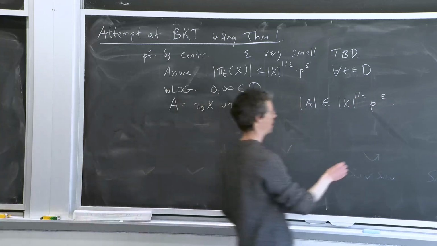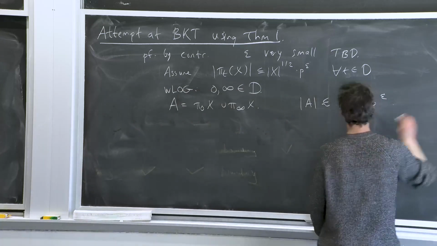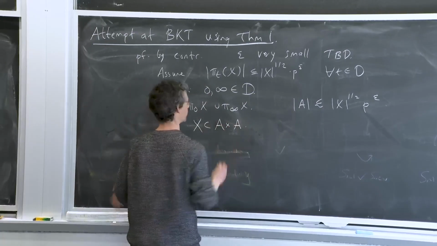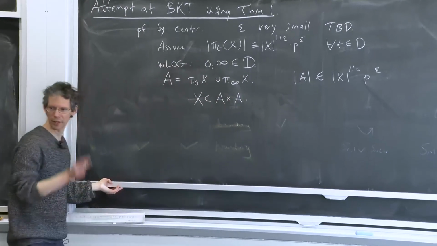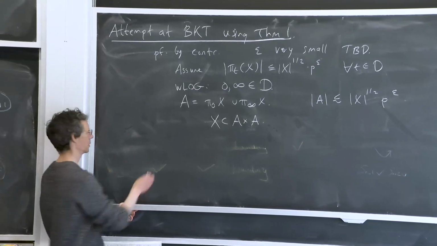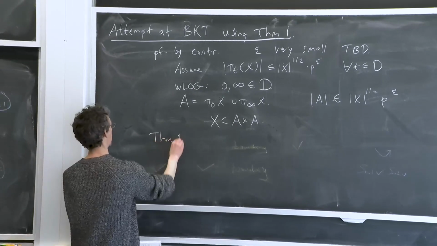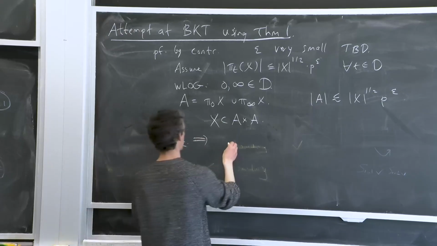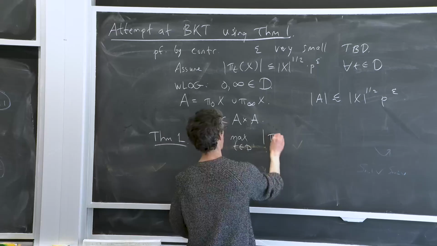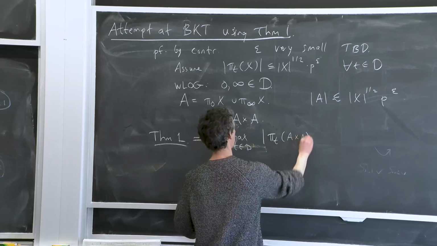And X is contained in A times A. OK, so X is a big subset of a product, and we can apply Theorem 1 to our product. So Theorem 1 tells us that the maximum over t in D of pi_t of A times A is big.